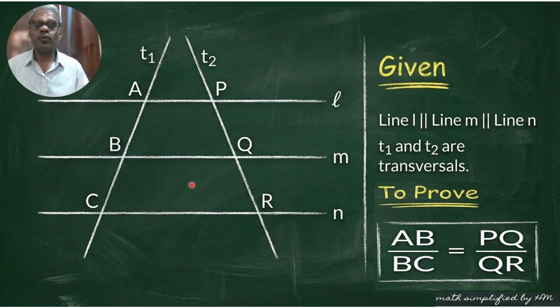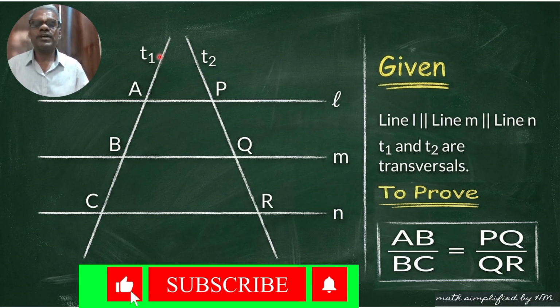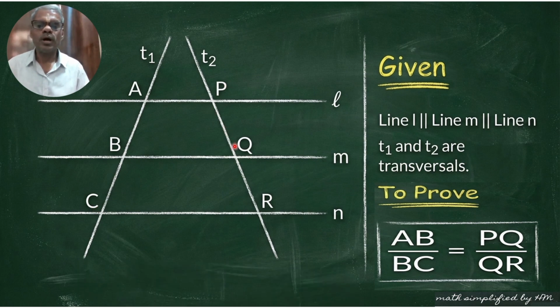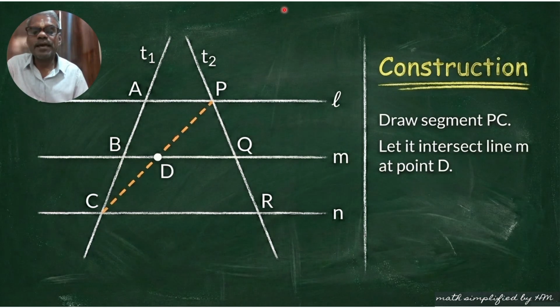Now we have to prove, according to the theorem statement, AB upon BC is equal to PQ upon QR. This is written in the box clearly. AB upon BC is equal to PQ upon QR. We have drawn the diagram and we have to prove AB upon BC is equal to PQ upon QR.